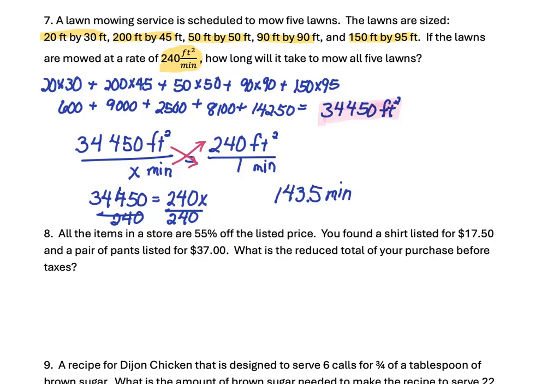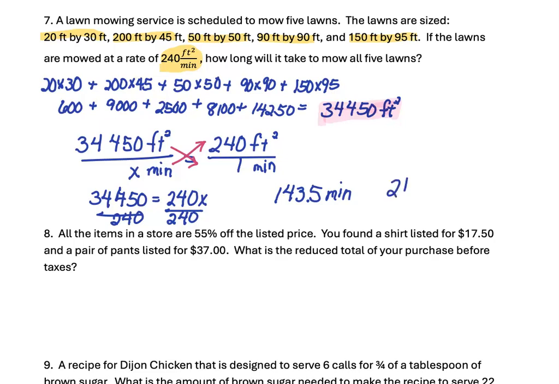Okay, so as we're looking at this, you could rewrite this in terms of hours and minutes. This is the correct answer, but your choices may be in hours and minutes, and we know there's 60 minutes in an hour. So for this 143, we've got 2 hours, right, that's been taken up.